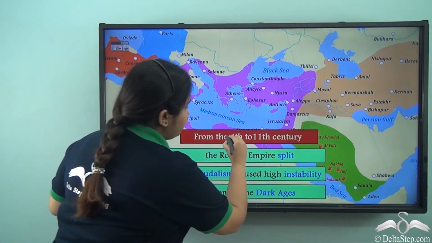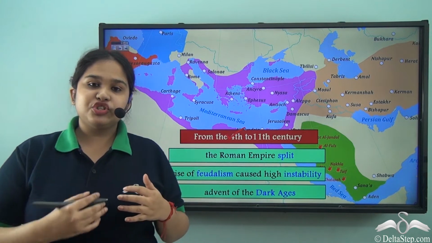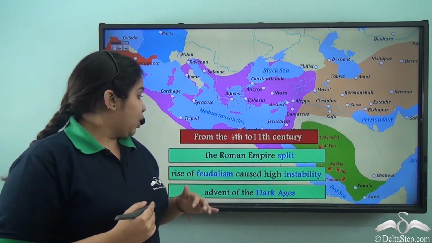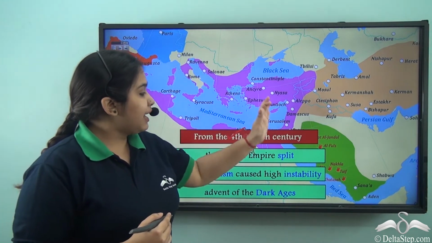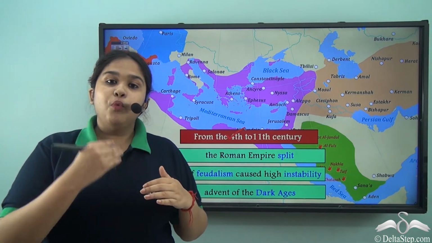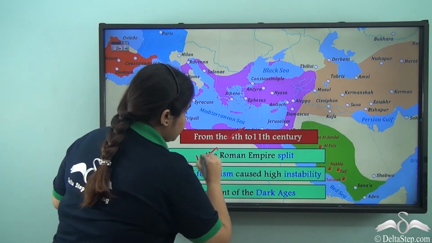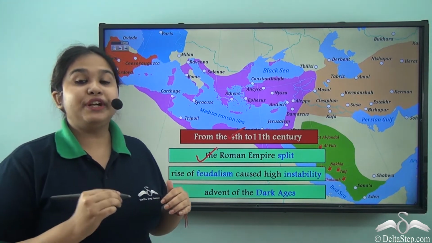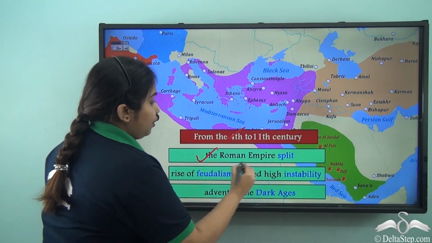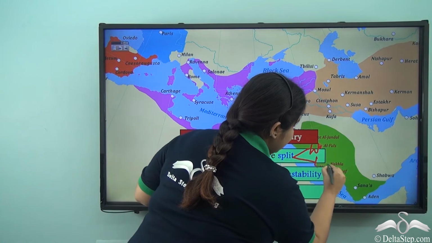Soon after, around the 4th century, the political situation started to change, because the Roman Empire was now going through a phase of constant warfare, and there had already been a split. The Roman Empire, as we already know, was divided into the West and the East, right?